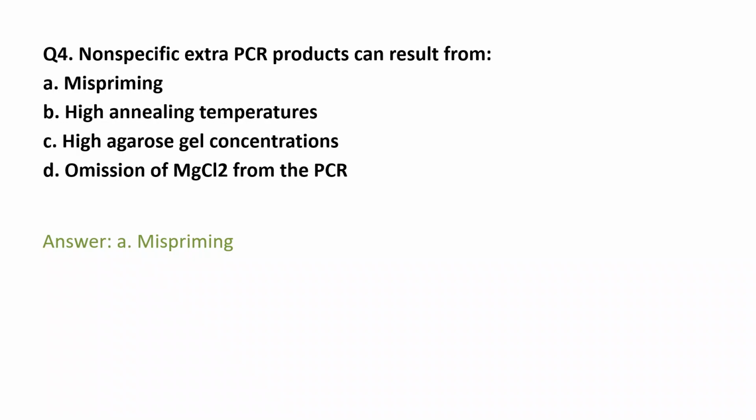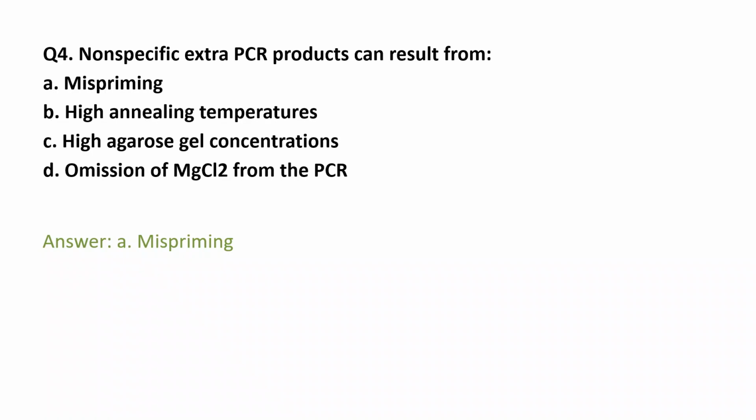Does it contribute to non-specificity? A primer will not be able to bind, true. But I should have mentioned that if you have a higher annealing temperature, it usually will reduce non-specific products.